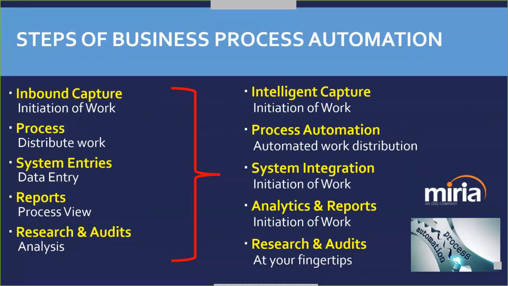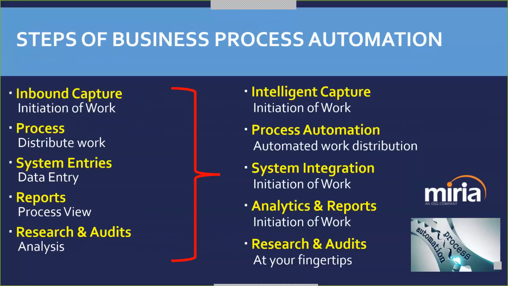But not only do I need to do it through emails, I can bring it in via maybe scan, electronic portals. I can bring it in from various electronic means, and I can capture it intelligently and bring it in. I can then apply the rules and automatically route it to the appropriate person who needs to review it, process it, and take action on it.